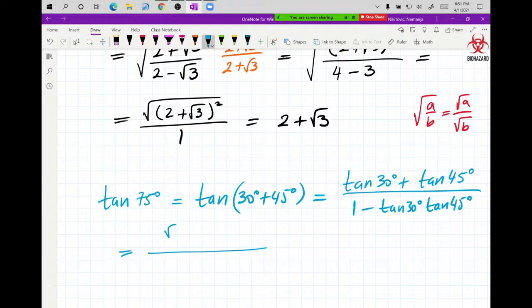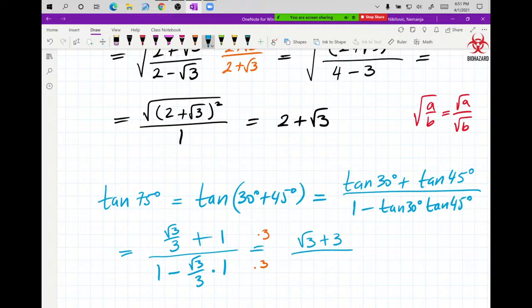Tangent of 30 degrees is root 3 over 3. And tangent of 45 is 1. 1 minus root 3 over 3 times 1. When you multiply now top and bottom by 3, we get root 3 plus 3 divided by 3 minus root 3.